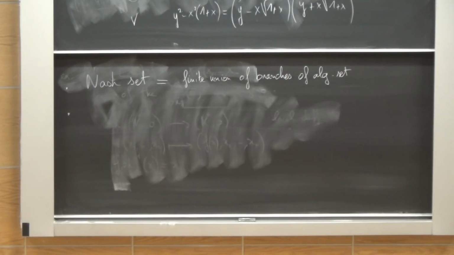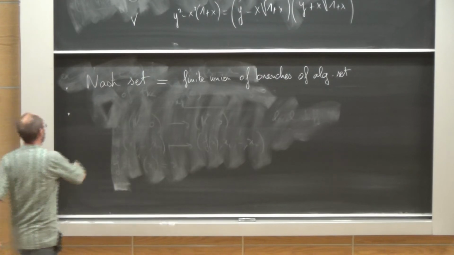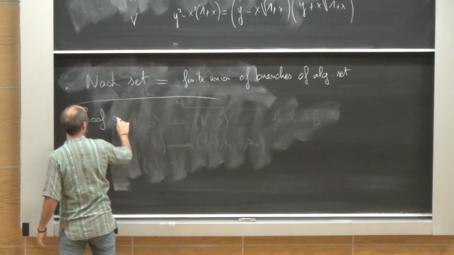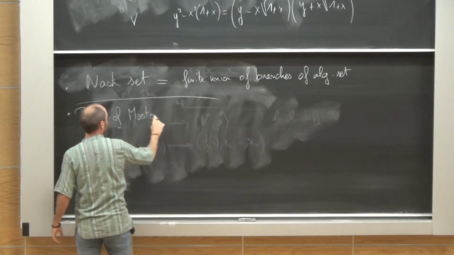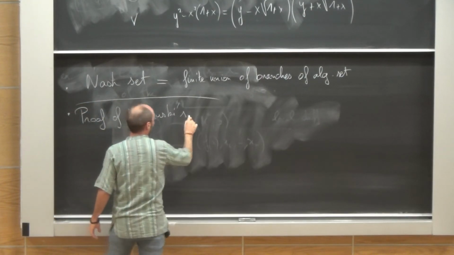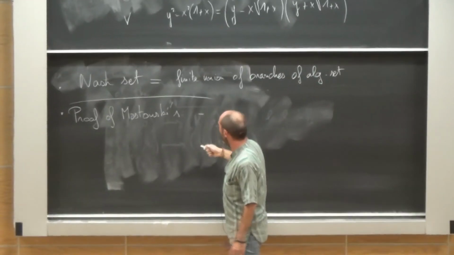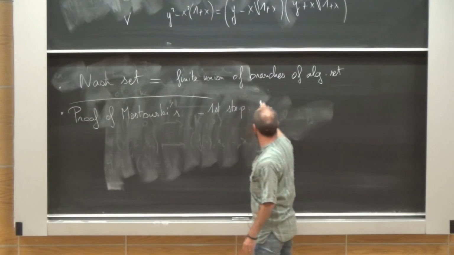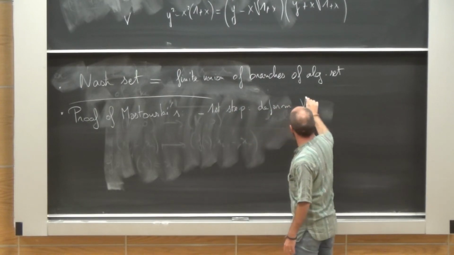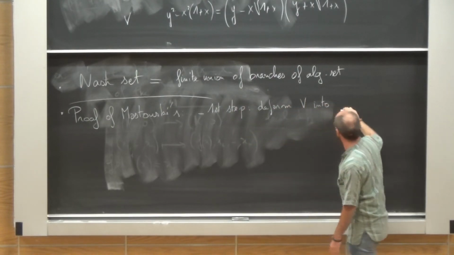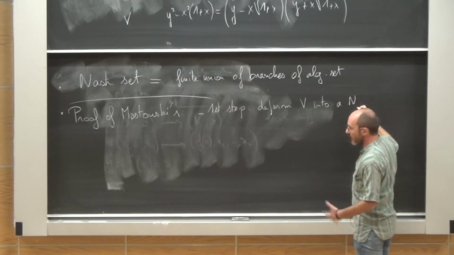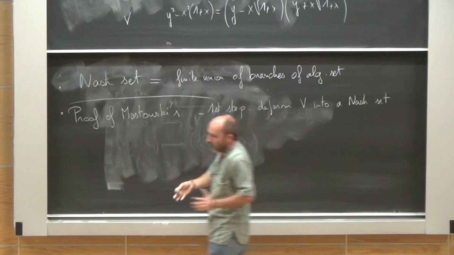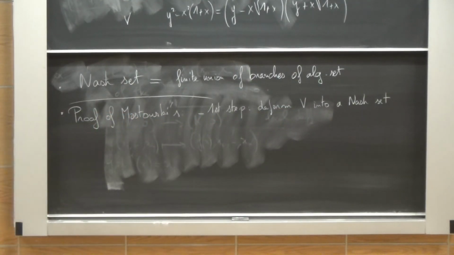So, the proof of the result of Mostowski, I will say a few words, but not too much. The first step is to deform V into a Nash set, a germ of Nash set, and the deformation is made in a way that it is topologically trivial.